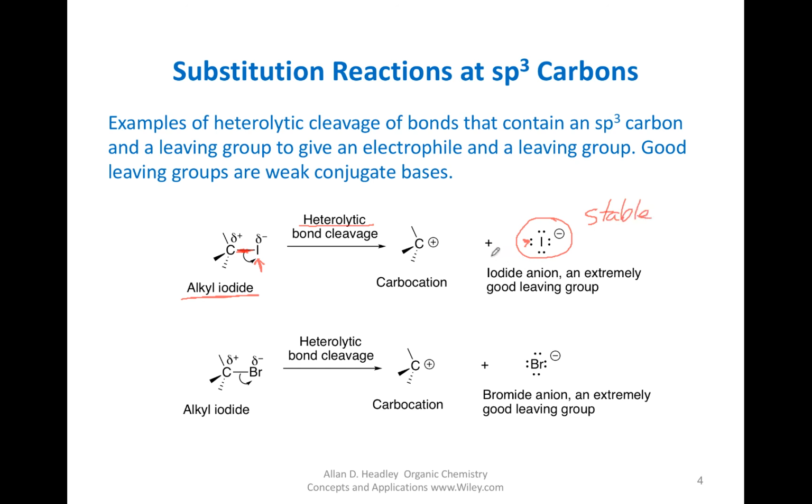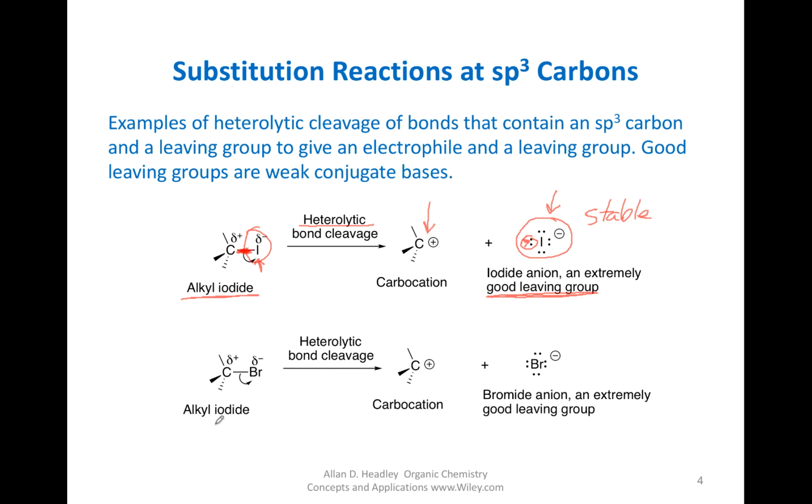So that bond breaks readily because it gives a very good iodide anion. In general, we call this group here a leaving group. So a leaving group by definition is a group that after the heterolytic cleavage forms a very stable anion. Why anion? Because it's going to take the bonding electrons. And what's left behind is, in this case, a carbocation.